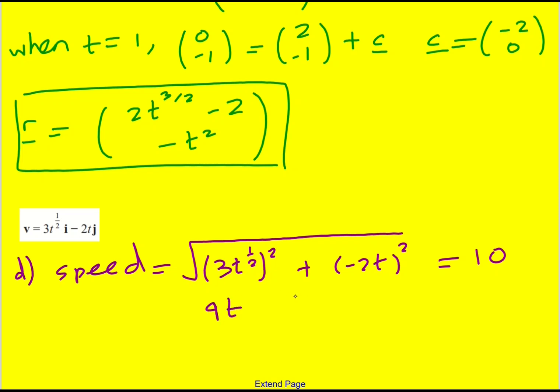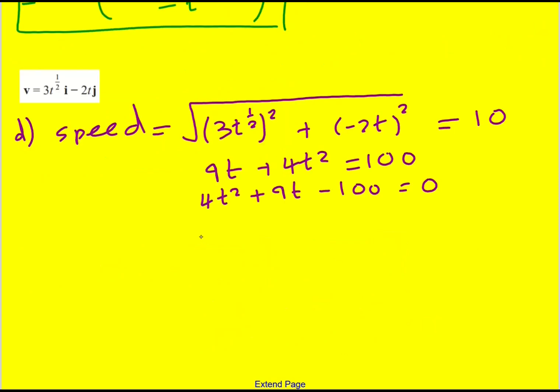I'm going to get 9t plus 4t squared equal to 100. And that means 4t squared plus 9t minus 100 is equal to 0. This will actually factorize, although I just put it in my calculator. t is equal to 4 or minus 25 over 4, which I'm going to reject because it's negative. So brilliant, we've got ourselves the time.